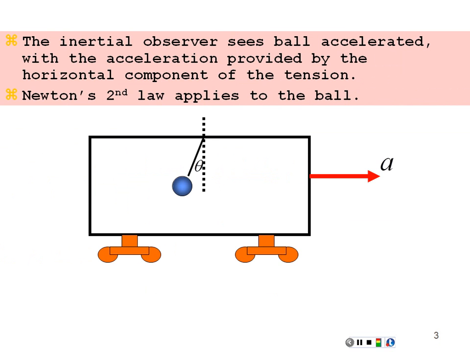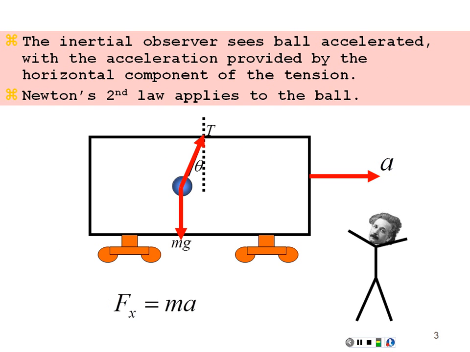The inertial observer would see the ball accelerated. Newton's second law applies to the ball. The inertial observer is somebody who is outside on firm ground. And they would say that the reason that this ball is being accelerated is because the component of tension along that direction, in this case T sine theta, theta being your angle from vertical here, is supplying the force, mass times acceleration, that is accelerating the ball.